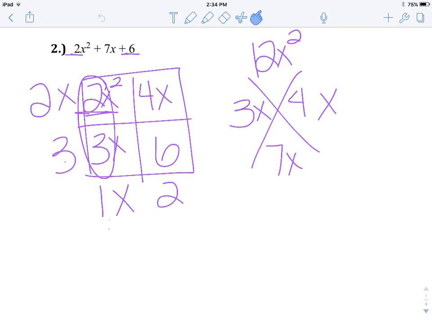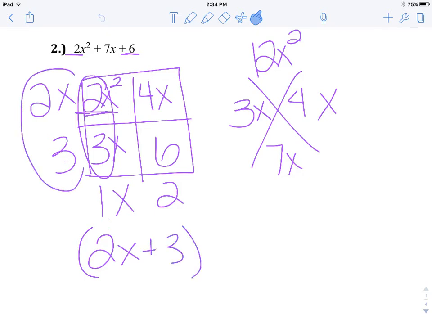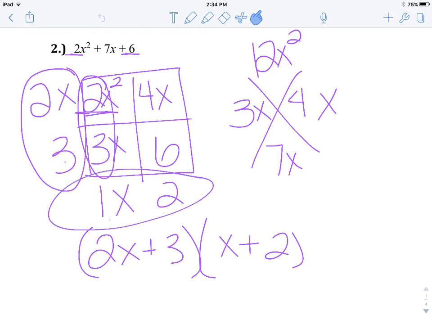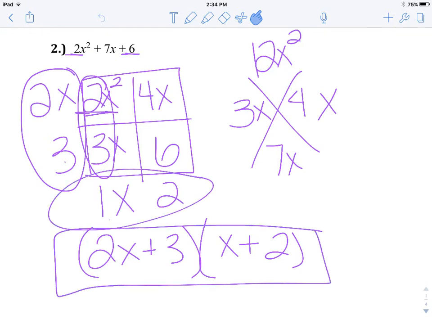So when this is all said and done, our factored form will have 2x plus 3. So that's here, and it's a plus because it's a positive. And then in our second parentheses, we'll have 1x or x plus 2. And again, that's coming from here. So we're taking what we know, our trinomial, and we are breaking it down. Factoring means to break down.